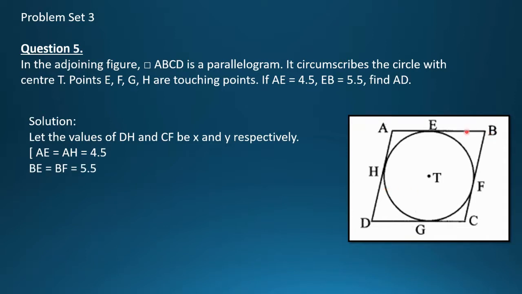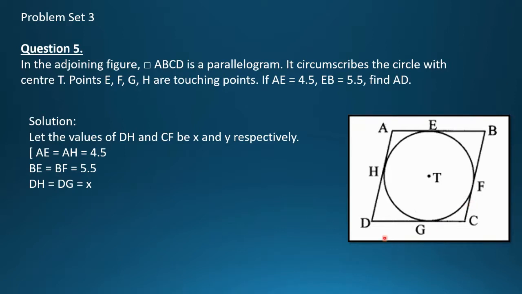Similarly, BE will be equal to BF by the same concept. Tangents drawn from a point outside the circle will be congruent to each other. So BE will be equal to BF, and since BE is 5.5, BF should also be 5.5.